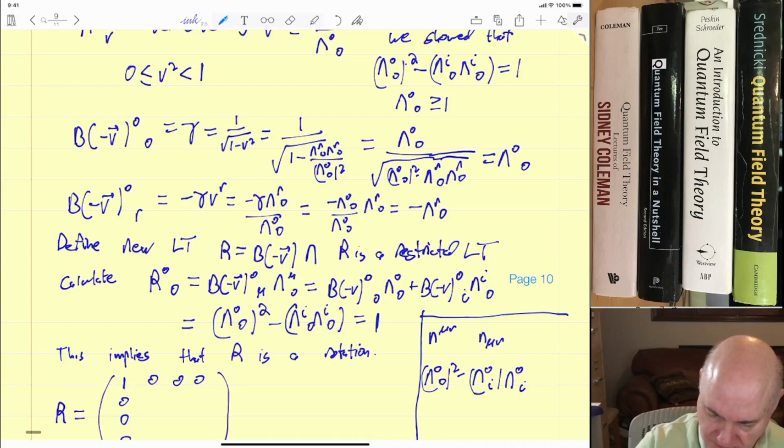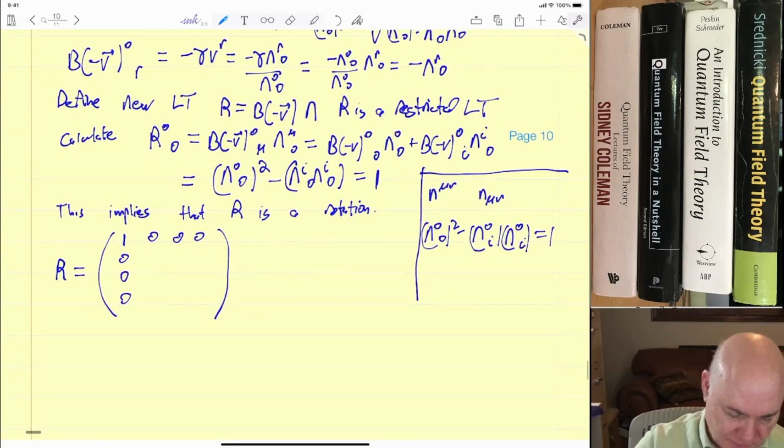Okay. This one, lambda i0, gives us this one over here. And then this identity, which is the same thing with lowered indices, gives us the other row. Anyway, you can work that out.